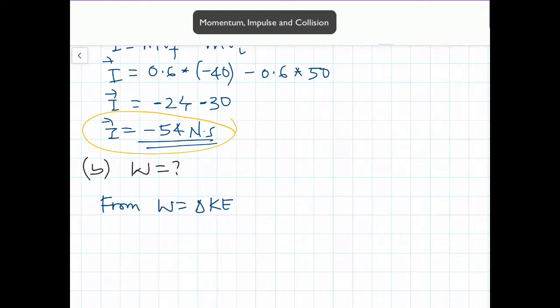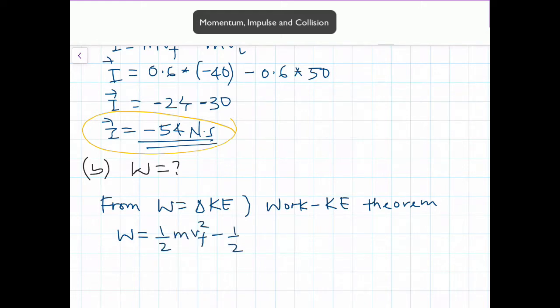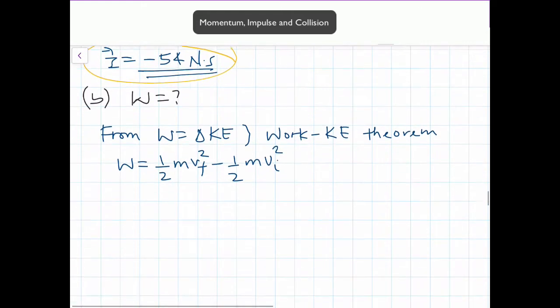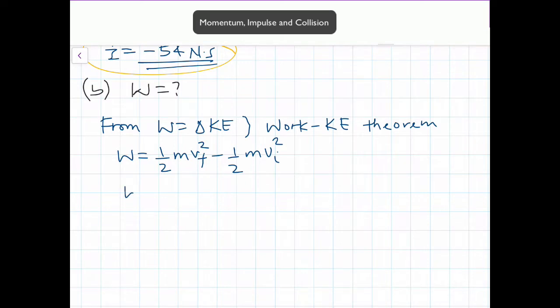You can prove it from the work-kinetic energy theorem. Then your work is going to be half times mass times velocity final squared minus half times mass times velocity initial squared. Actually, it's the negative of the kinetic energy.